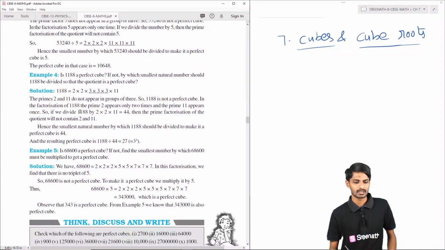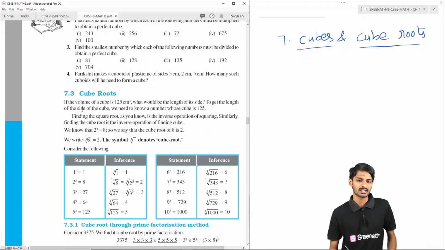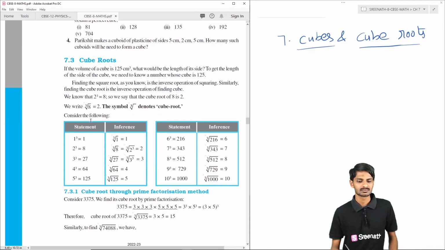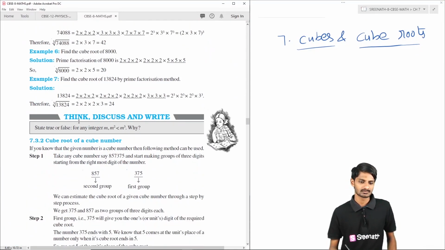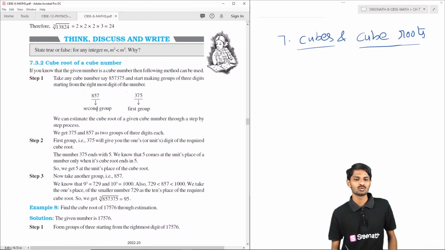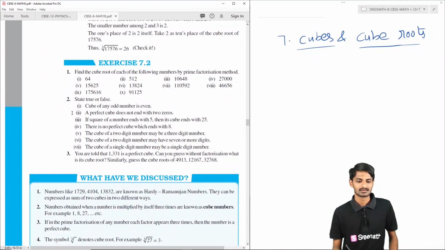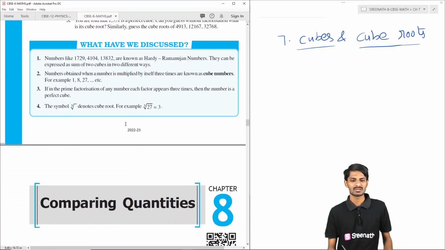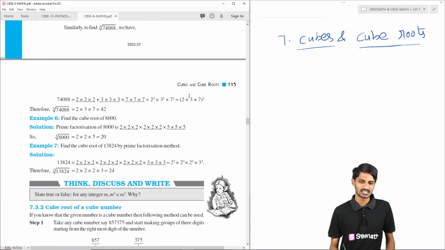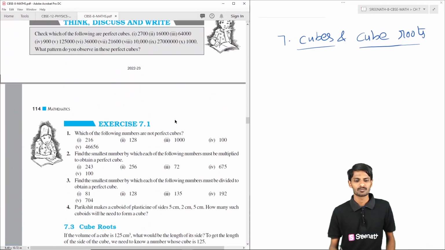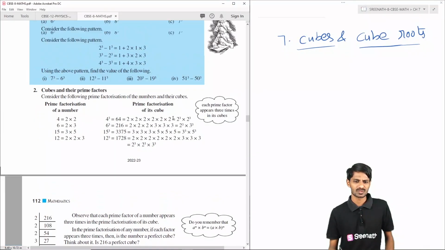And there are examples. And cube roots. Cube root through prime factorization method. And cube root of a cube number. That's it. So simple chapter, students. We are going to complete this chapter. This is the overview of this chapter, students.